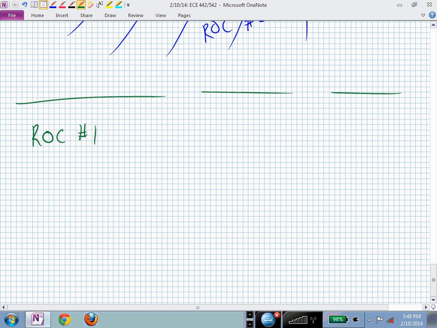All right, region of convergence number 1. This region of convergence is actually interior to all the poles.